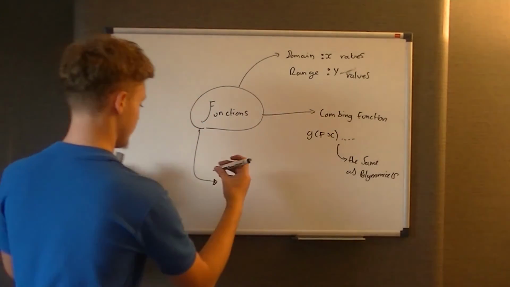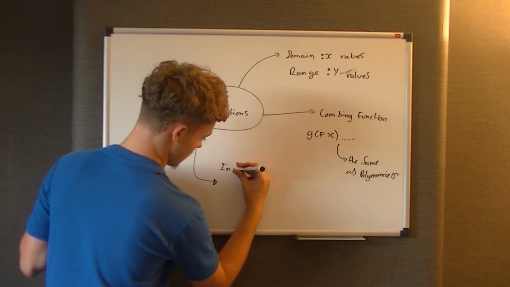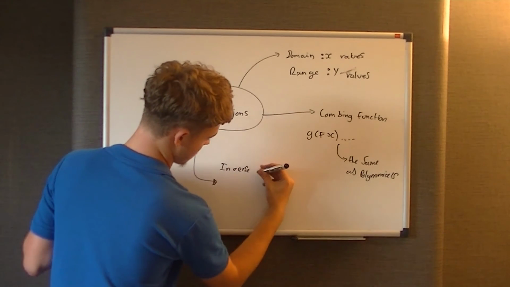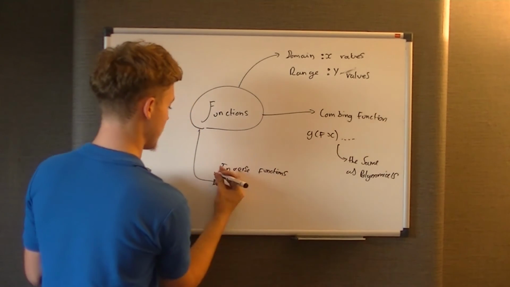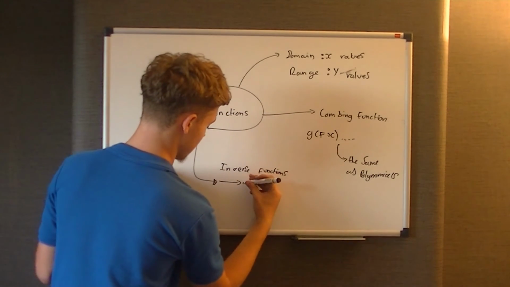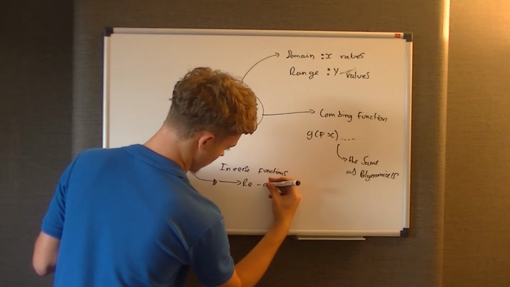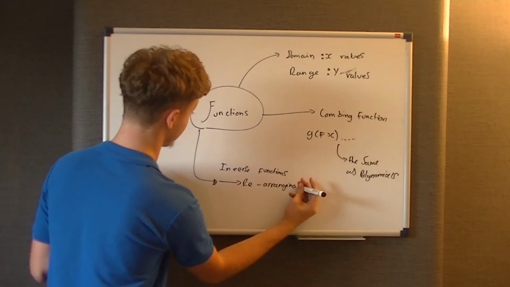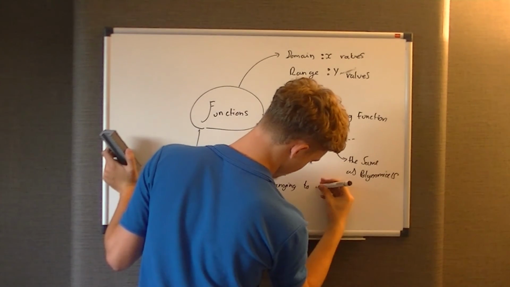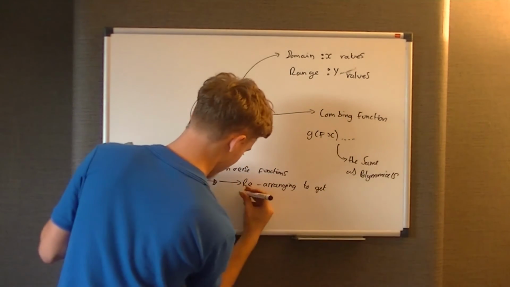Talk about the inverse functions. And what we said about this, that was rearranging a function to get x as the subject. I'll move out of the way in a minute, don't worry.